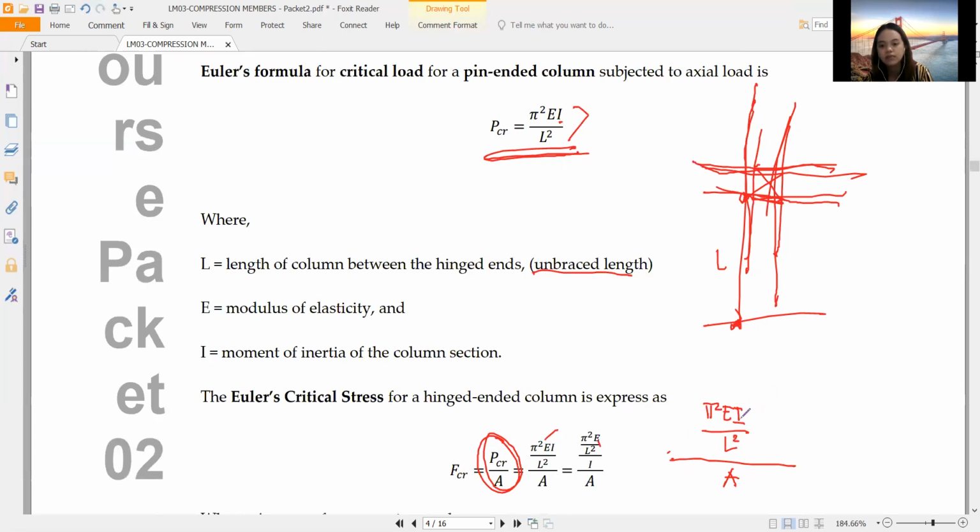Pwede nating i-manipulate yung equation, for example, pi squared E over L squared.